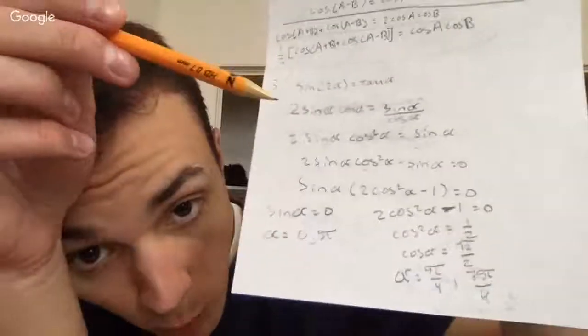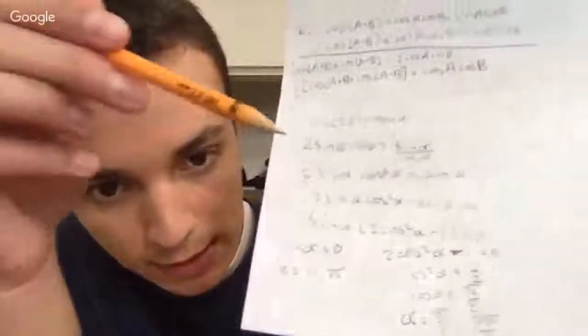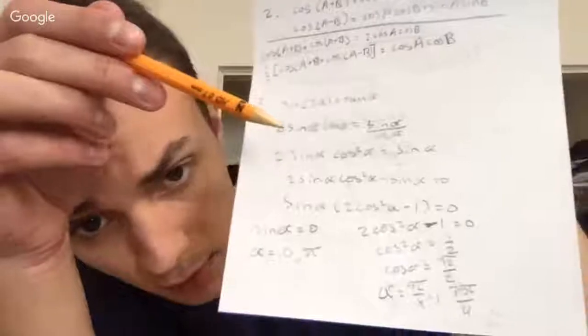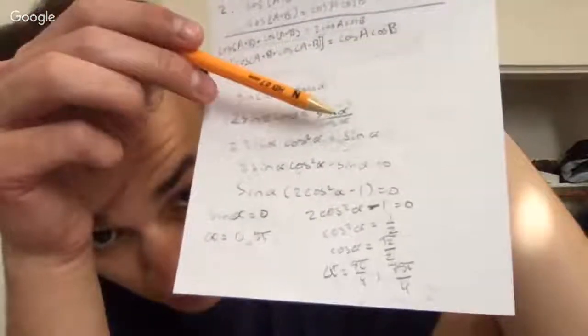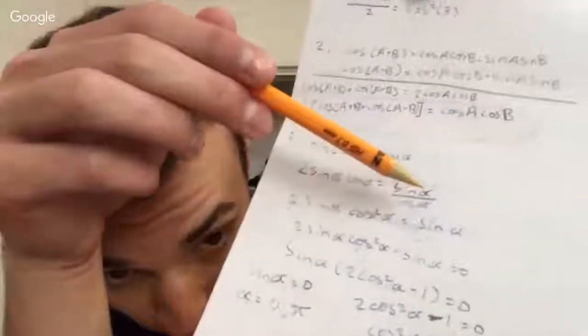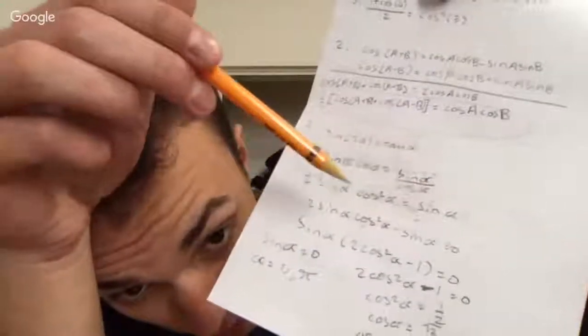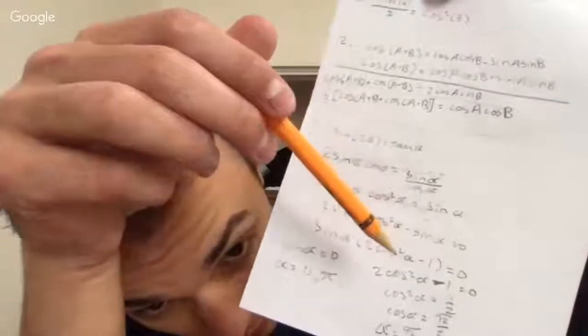I used the identity for the double angles and simplified it out. I turned that into tangent, and then I multiplied both sides by cosine to get rid of the one over here in the denominator. So I have 2 sine cosine squared equals sine of alpha, and then I subtracted the sine over.